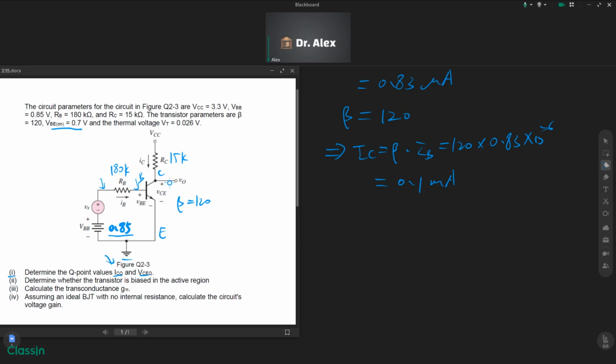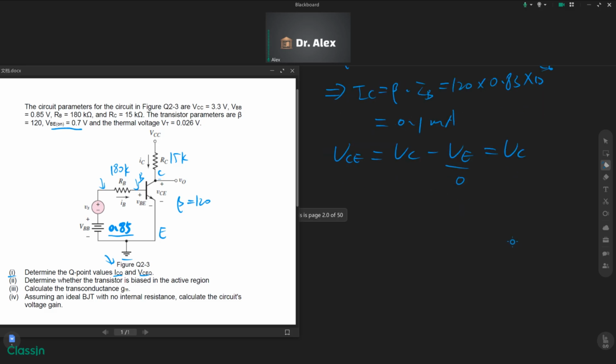How do we calculate VCE? VCE equals VC subtract VE, which is just VC because VE is 0. So what's the value of VC? VC equals VCC subtract IC times RC. We know VCC is 3.3 volts.